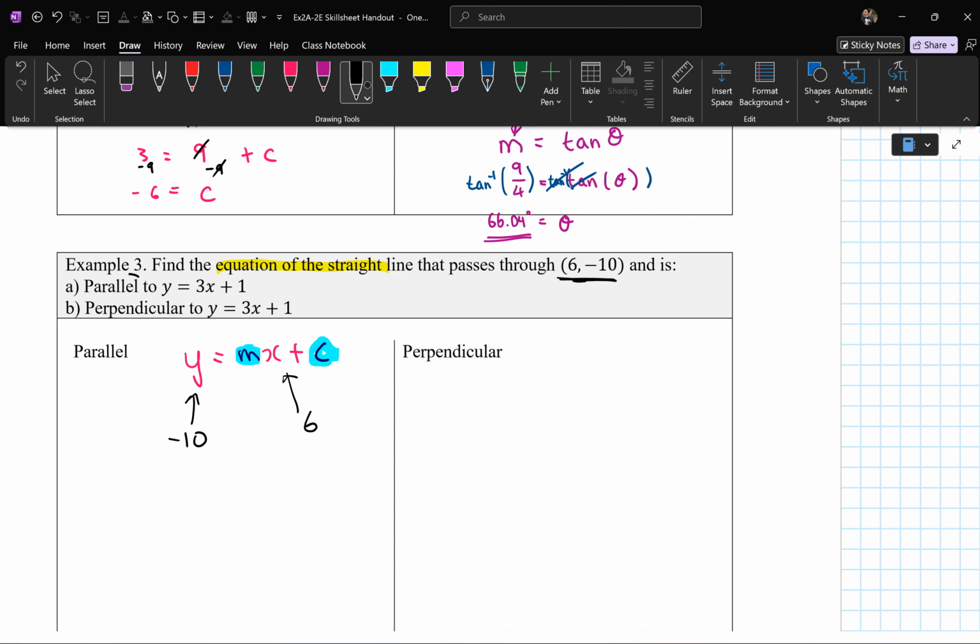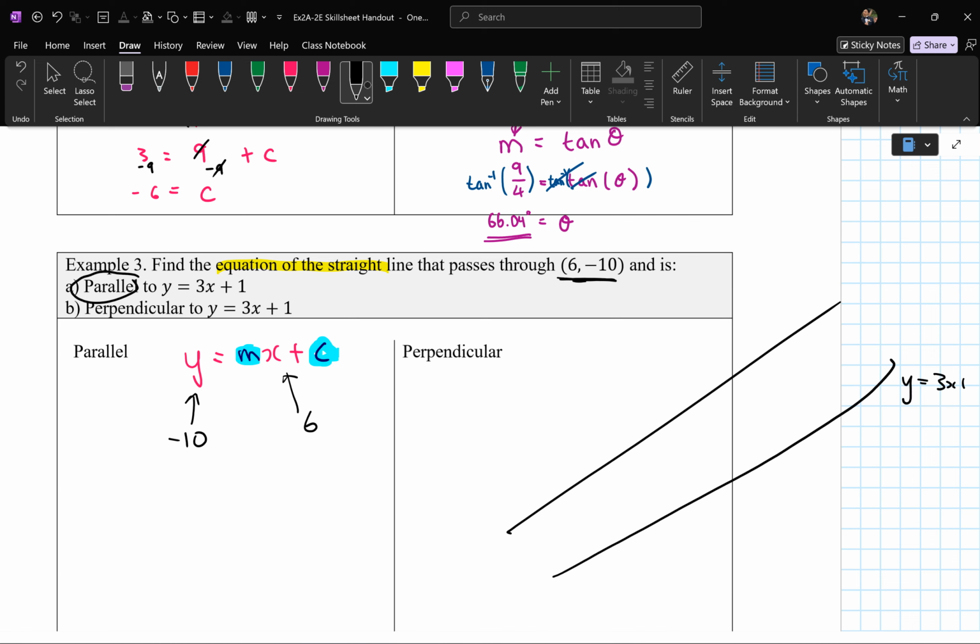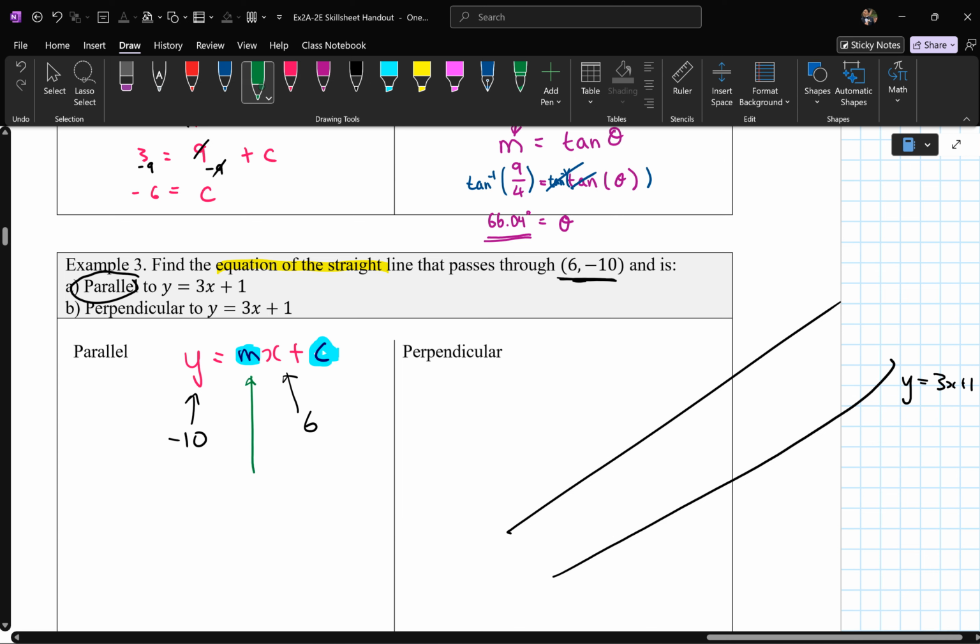But they told you it is parallel. So whatever this line is, I'll just draw a random line. That line is parallel to y equals 3x plus 1. So using what you understand about parallel, if they're parallel, what's one thing we know? Gradient's the same. They have to have the same gradient. So from the get-go, for parallel, m1 has to equal m2.